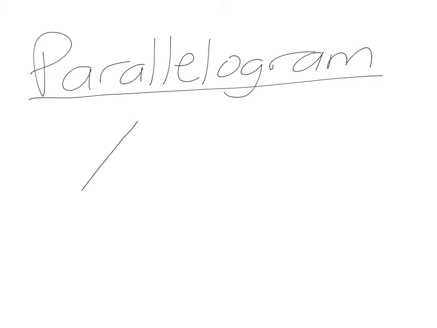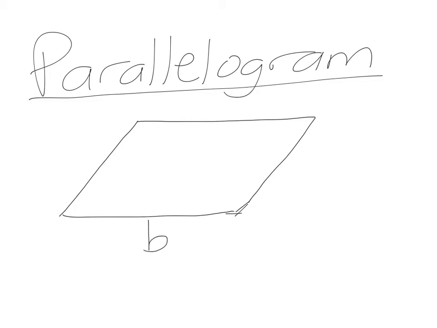Our third shape that we're going to focus on is the parallelogram. Now this one's kind of a cool shape and how it works. We have our basic parallelogram, kind of like this. One thing you have to know about parallelograms is you need to have a base and you need to have the height.